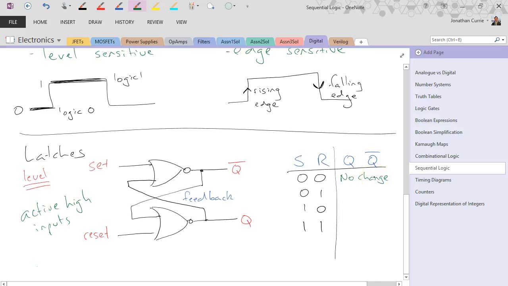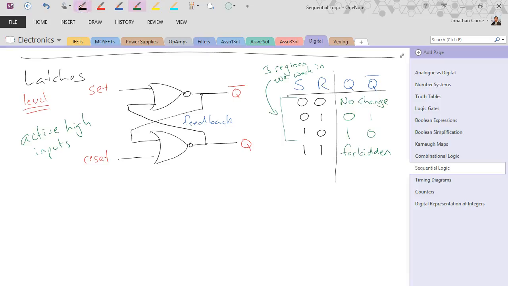It's going to hold its value, whatever the previous value was. If we reset it, the output will go to 0. If we set it, the output will go to 1. And if we try and set and reset at the same time, we enter a forbidden state. Depending on which latch you pick up and which circuit you make, it may go to all zeros or ones, or it might be completely unknown. Obviously, to fill in Q bar, we just invert whatever's in the Q column. So these typically are the three regions that we work in. You do not work in the forbidden region for obvious reasons.